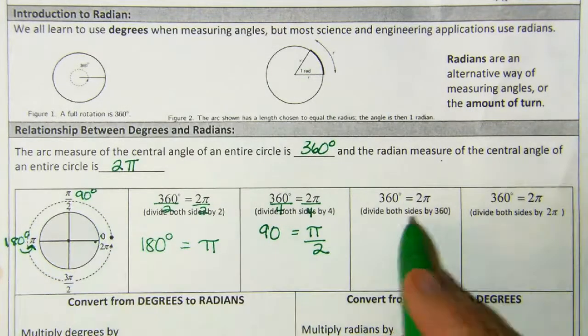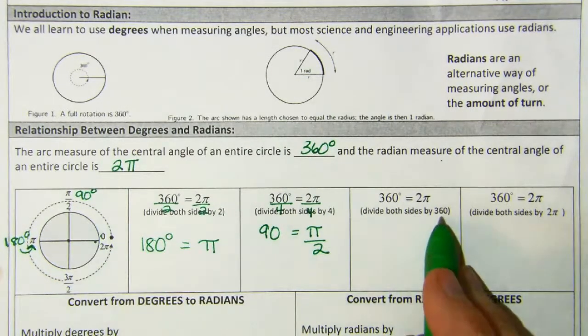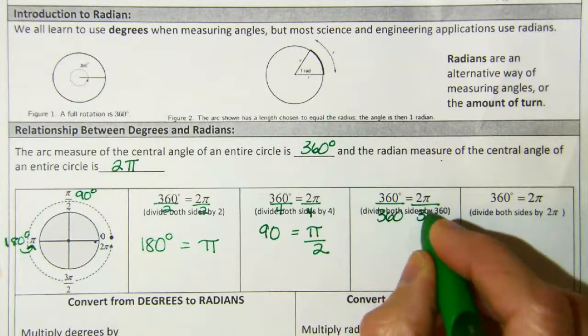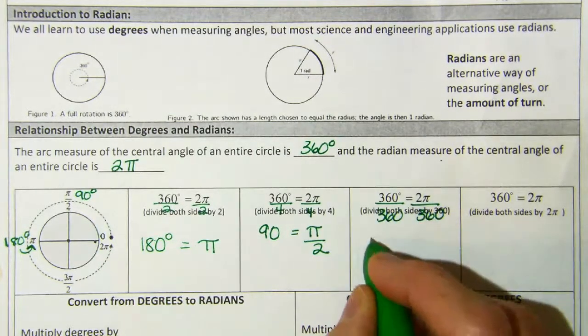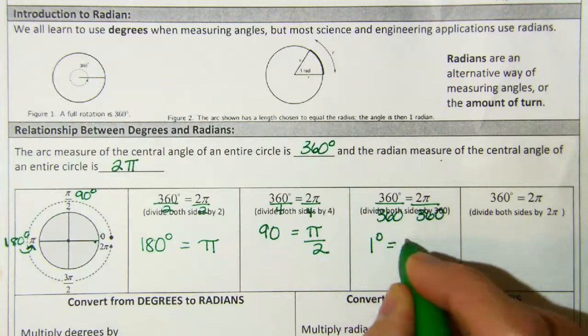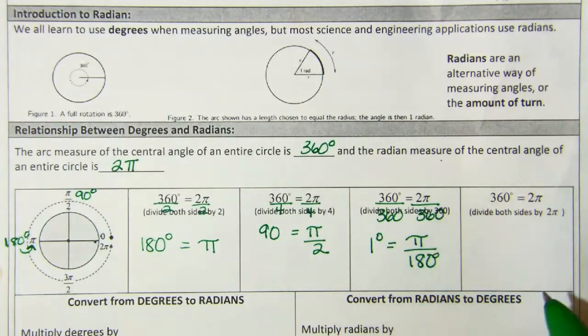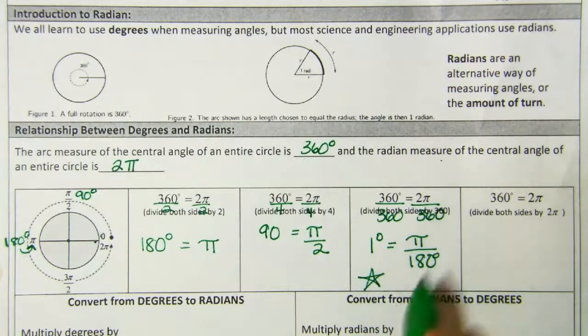And then here, if we divide both sides by 360, something interesting is going to happen. This is going to be 1 degree equals pi over 180. This is going to be very important because this is now a conversion factor.